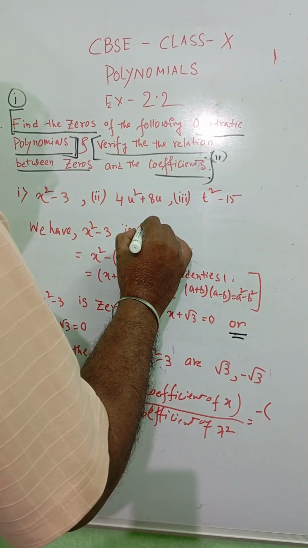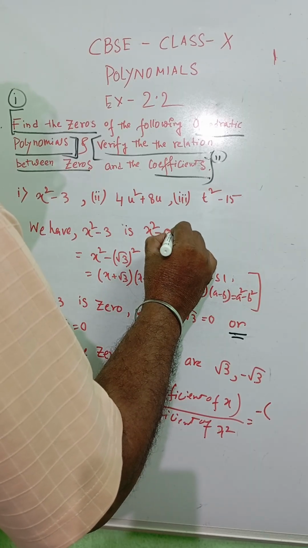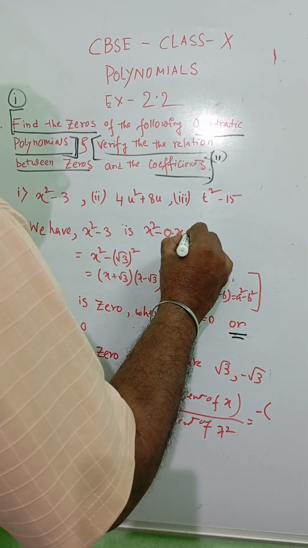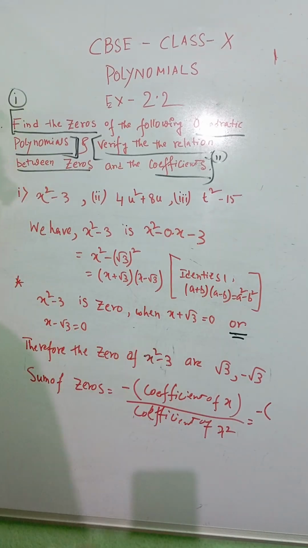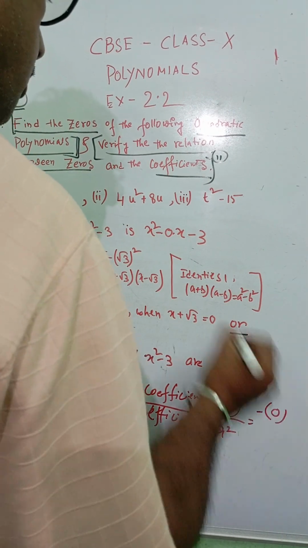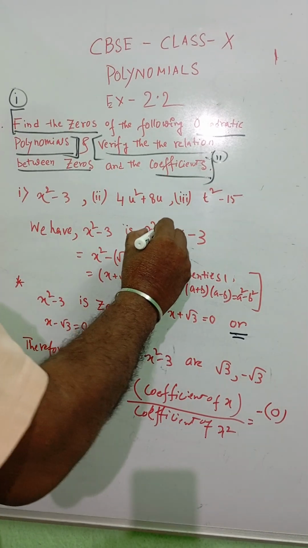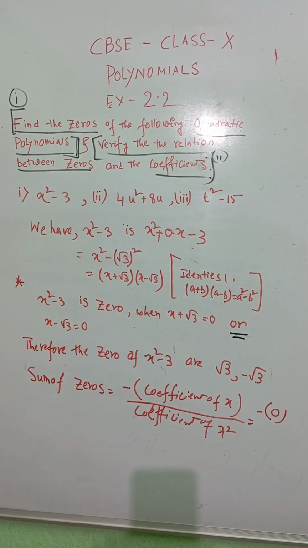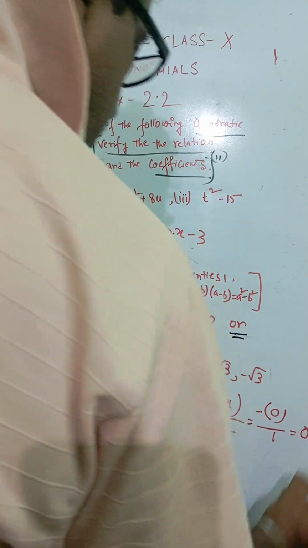This is why we have to write that it is x square minus 0x minus 3. Now what is the coefficient of x? Coefficient of x is 0 and coefficient of x square is 1. That is equal to 0.